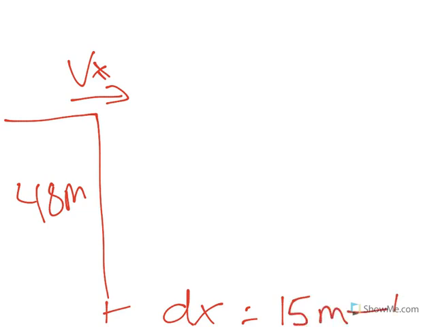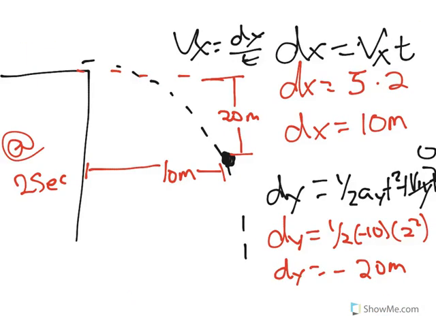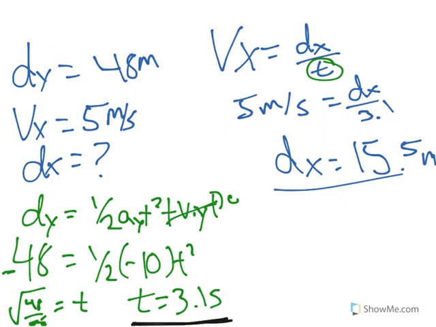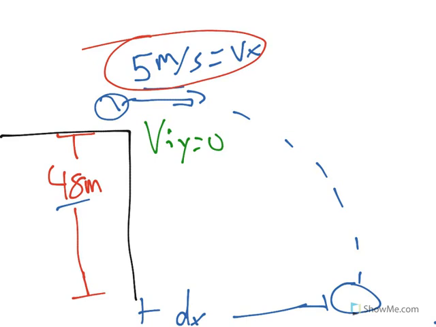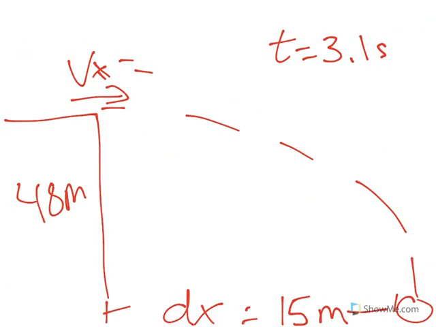So we need to solve for the exact velocity in the x. Now, the time should stay the same. t should still equal 3.1 seconds because nothing changed except the velocity in the x. The height is still 48 meters, so it's still going to take only 3.1 seconds to fall.